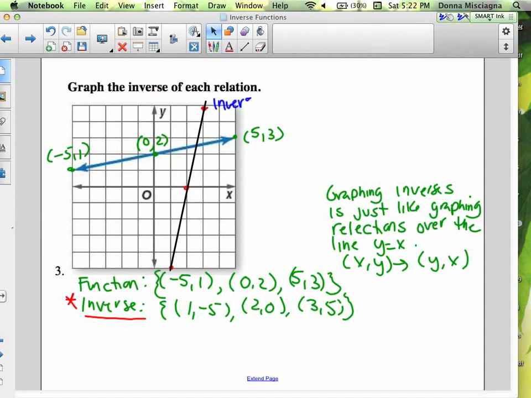Actually, I should have written in red to match the writing. All right, so here is the inverse. Now that's what's called a relation, but this inverse is a function. It's a linear function.